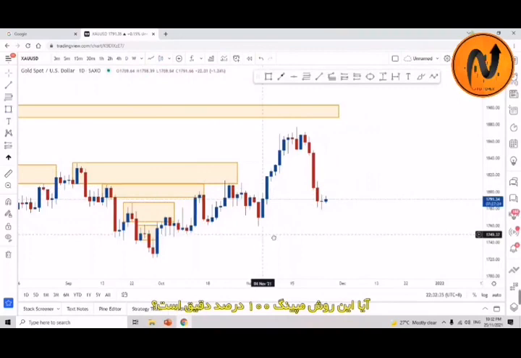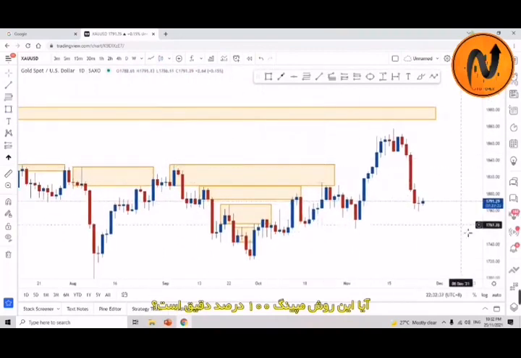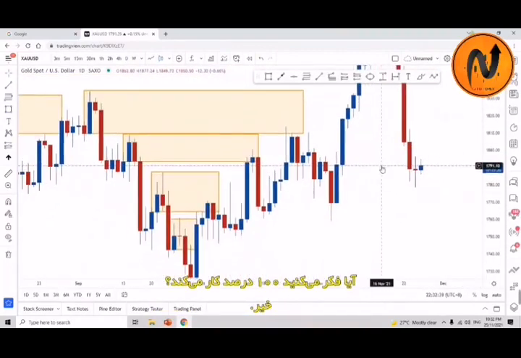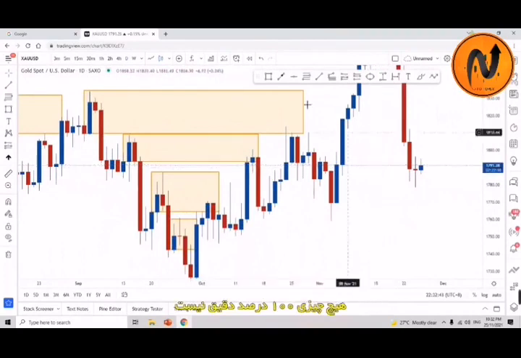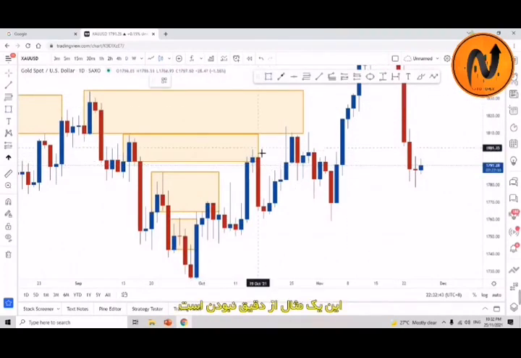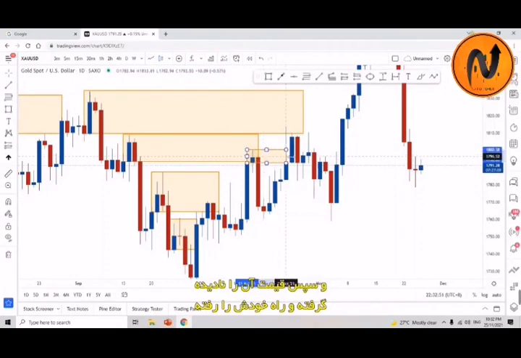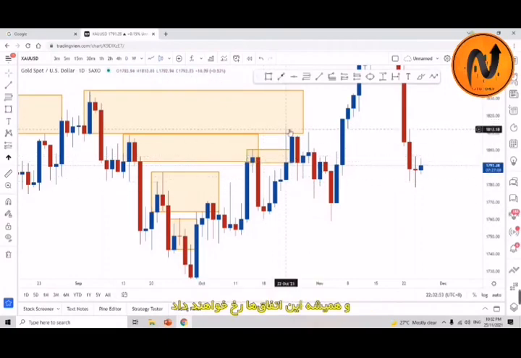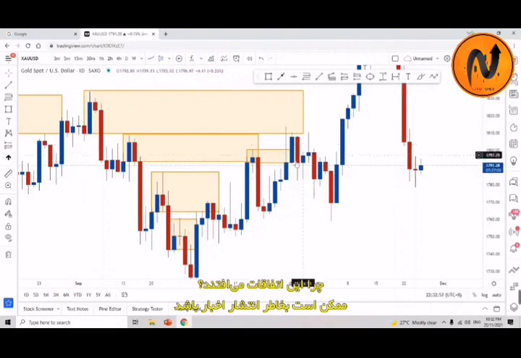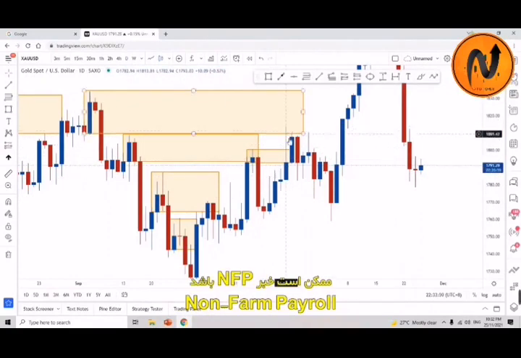So is this mapping 100% accurate? Do you think it's 100% accurate? No. Nothing is 100% accurate. So this is an example of when it's not accurate. The price was supposed to react at a supply zone over here, and then the price ignored it and went all the way. Why might this happen? First of all, there might be news here. What kind of news?